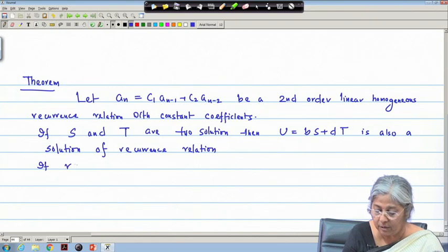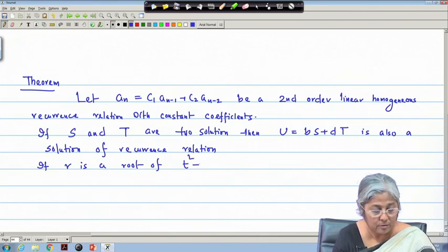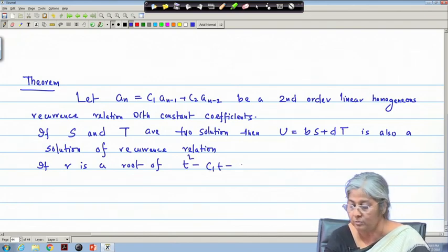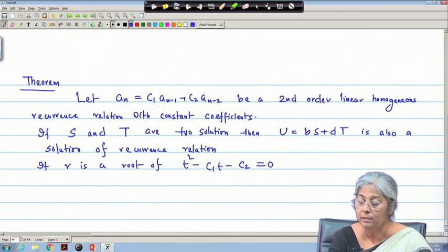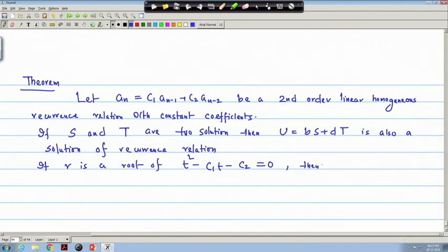Now, if R is a root of t square minus C1t minus C2 equal to 0, since we have considered a second order recurrence relation, then the sequence r to the power n for n equal to 0, 1, 2 is a solution.